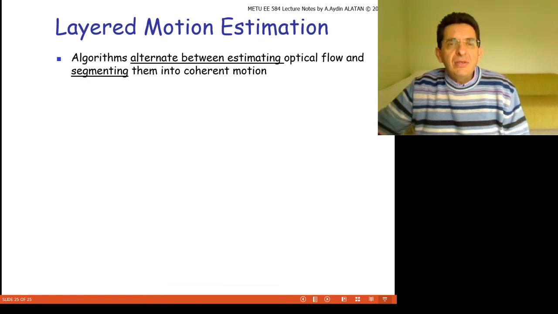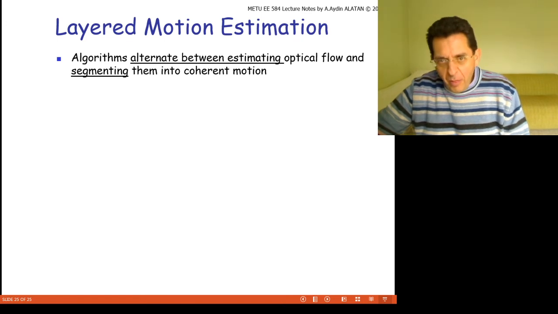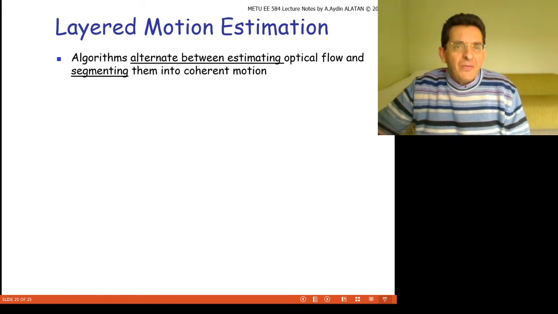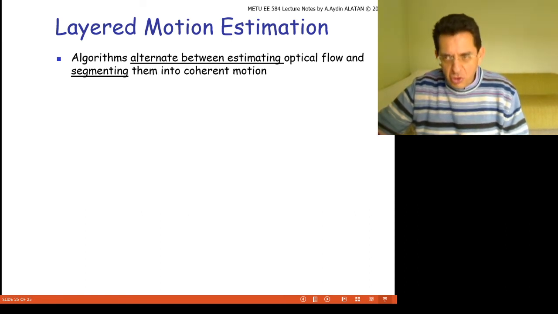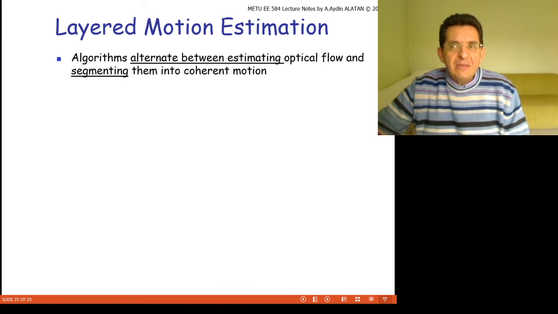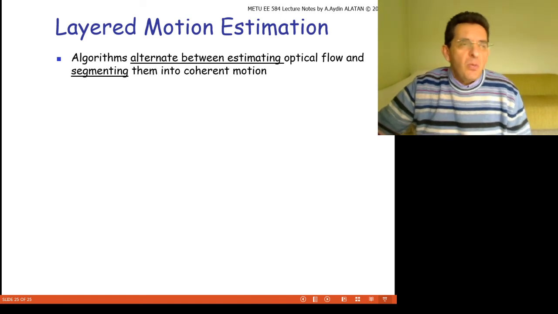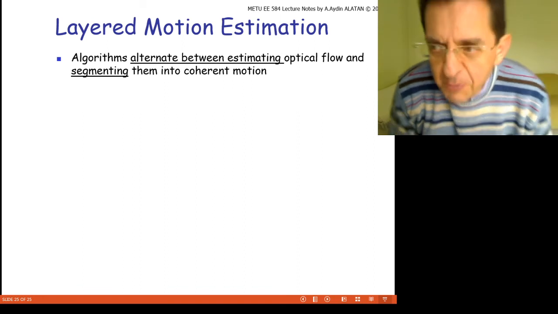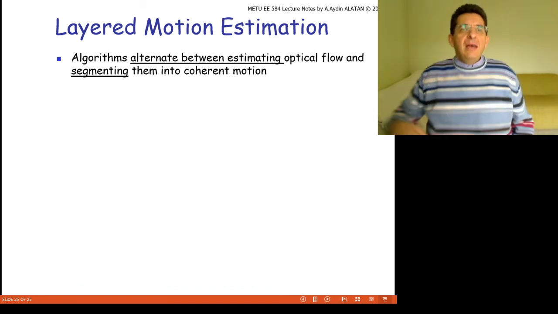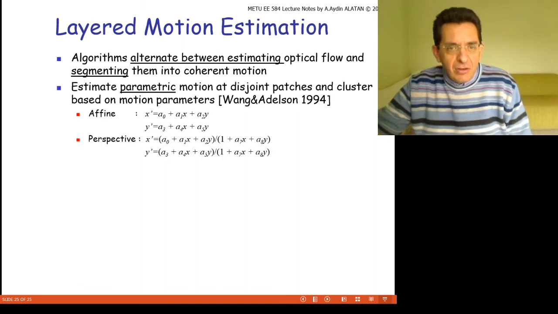It will try to estimate an optic flow, and after estimating the optic flow, we will try to segment it, group it into a coherent motion. With the coherency is checked by the parametric forms. Okay, then we will just look which pixels, which motion vectors are obeying to this parametric form, which are not, and based on this we will continue like that.